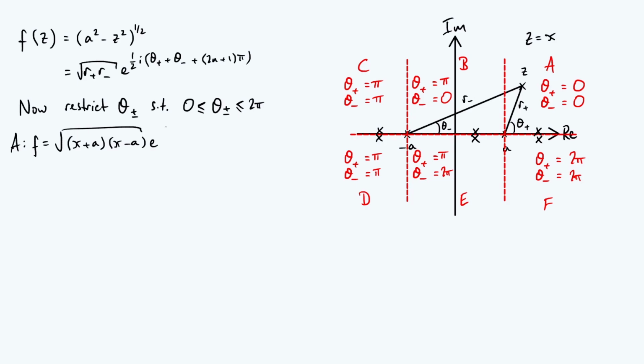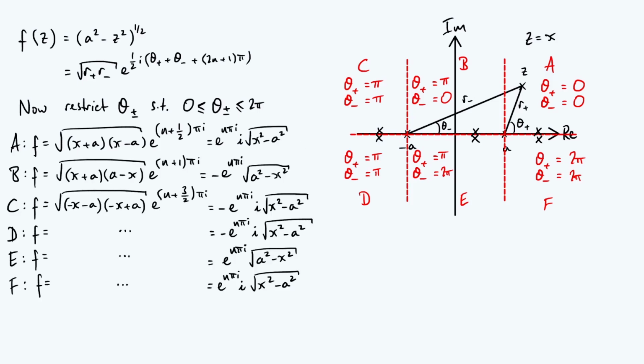So let's do e to the n plus a half pi i. Then you can expand the brackets and note that e to the half pi i, just that bit there, is the same as just i itself. And so you can write that as e to the n pi i times i times the square root of x squared minus a squared.